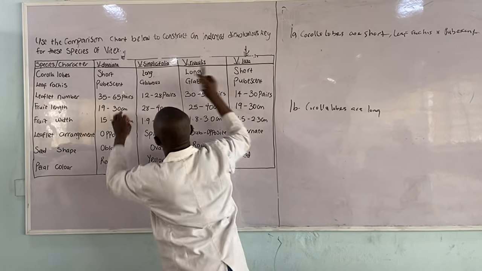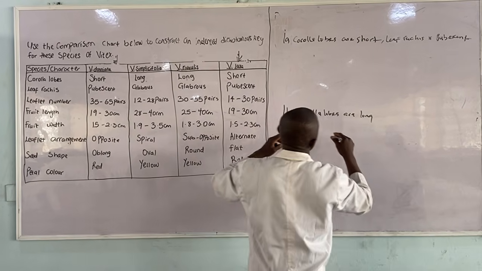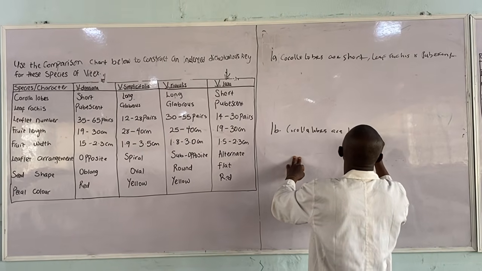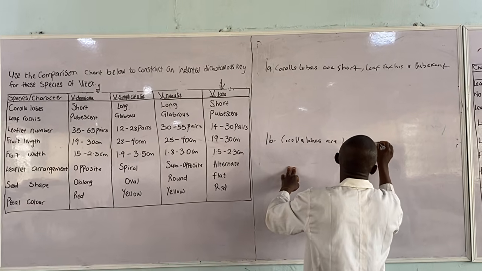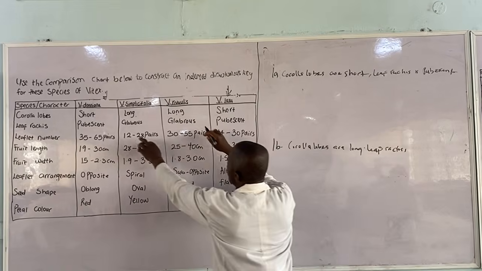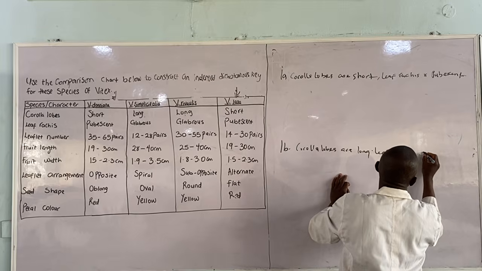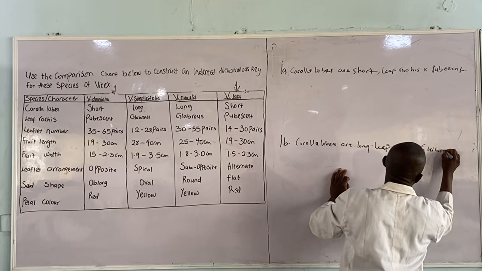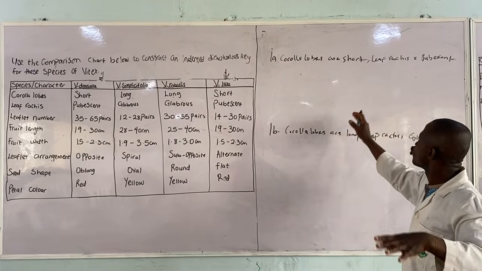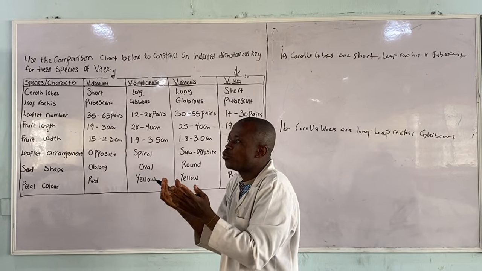This first 2 is short. So this one, leaf branches is glabrous. With these 2 characters, we are splitting into two different organisms now.